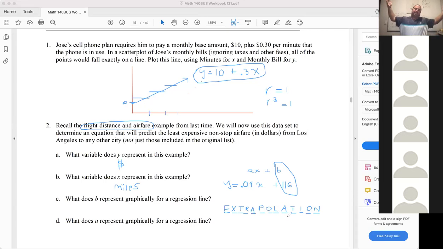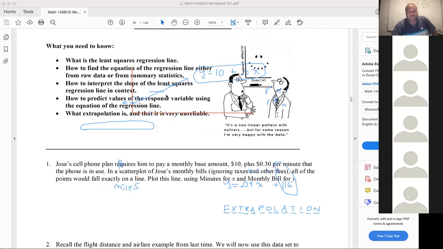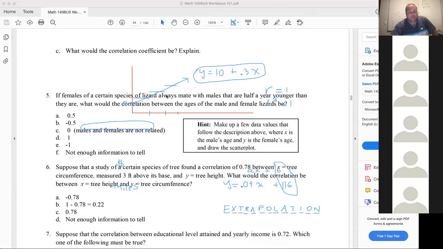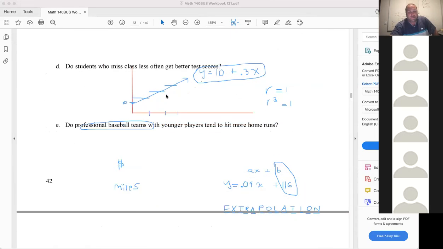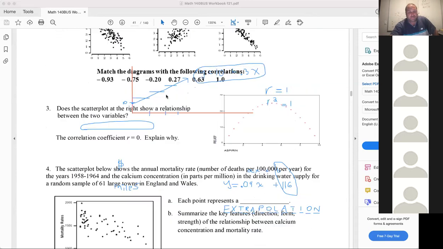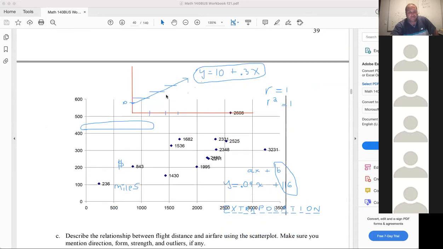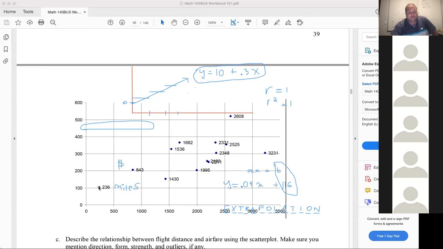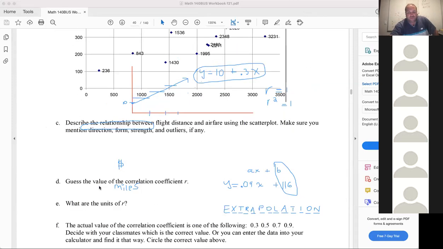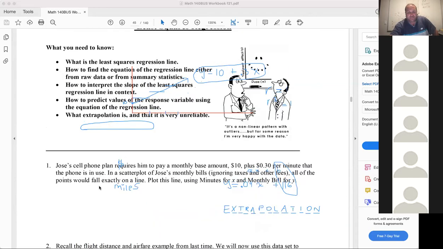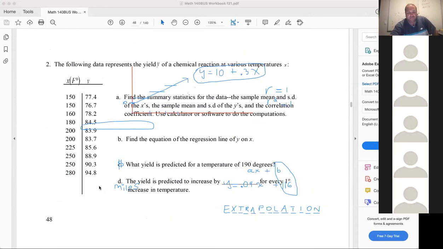Extrapolation. The data doesn't extend to x equals 0. The data starts at x equals what? What's the lowest x value? The lowest x value was 236, correct? Correct. You can't extend your line outside of the range of the data values.